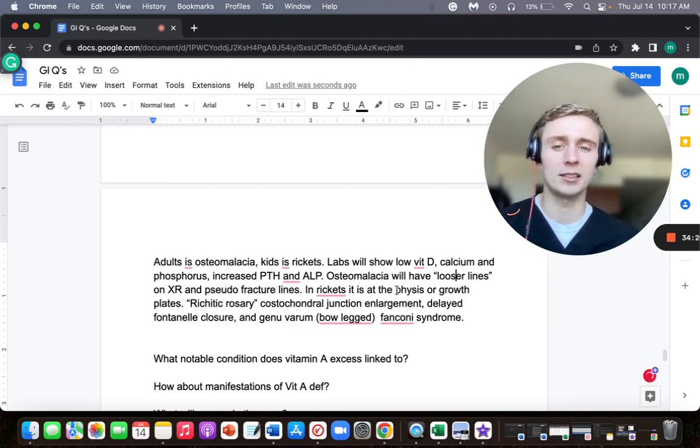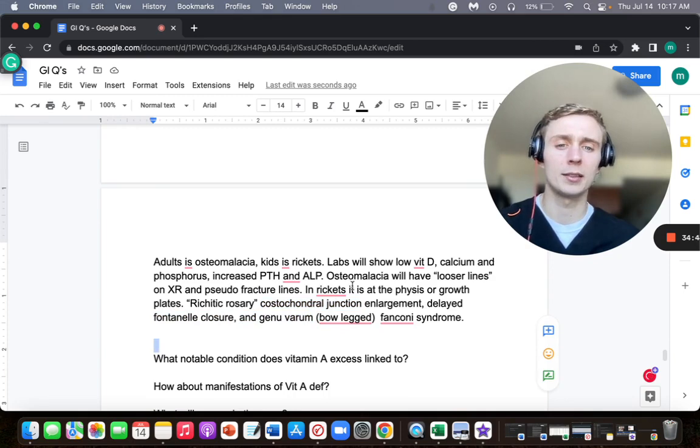In rickets, it's at the physis or growth plate. That's how you know rickets is in kids. The physis and growth plate are the same thing. Rachitic rosary is important to know, and that's around the costochondral junction in the ribs close to the sternum. Delayed fontanelle closure, you might also know, and genu varum, so that's bow-legged, legs bowing outwards.